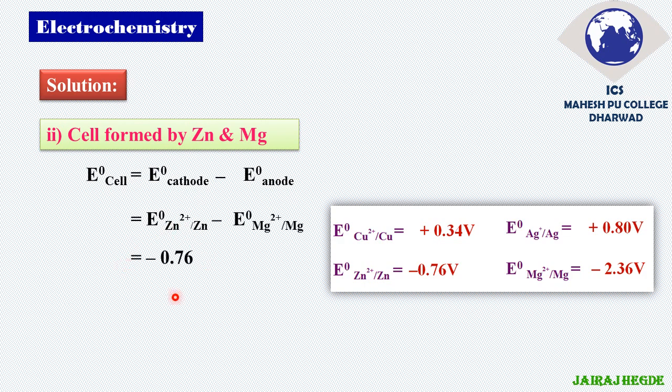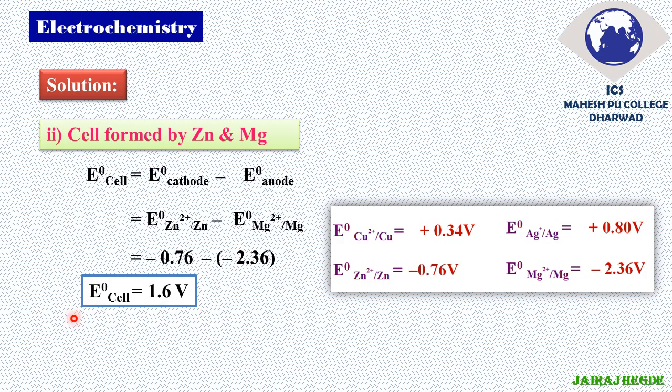So minus 0.76 minus of minus 2.36, and the answer will be 1.6. Look at here, it's a working cell because it has a positive value of voltage. EMF must be positive. Remember, for all working cells, the cell potential or the EMF of the cell will be positive values.